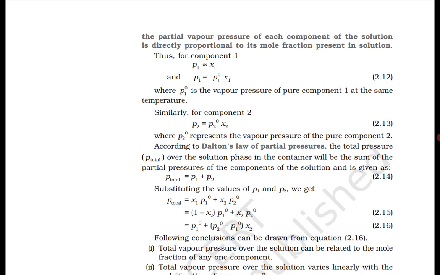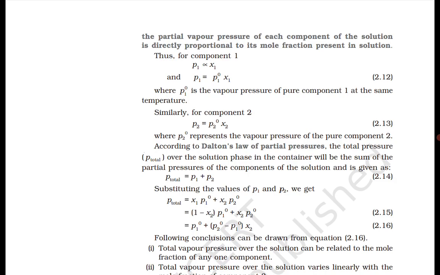Thus, for component 1, P1 is directly proportional to x1, and P1 equals P1 naught x1, where P1 naught is the vapor pressure of the pure component 1 at the same temperature.